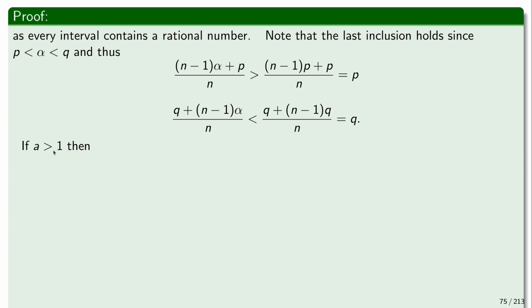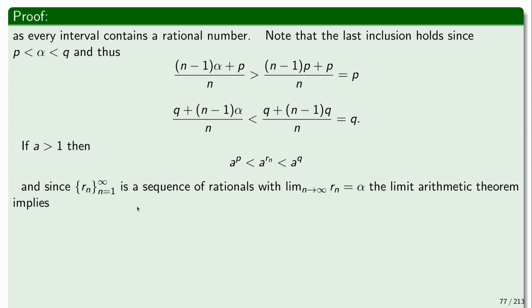So now if a is greater than 1, then for every rational number, that's the property of rationals, which we know and already established, we have that, right? And since the sequence of rationals we picked converges to the limit alpha, then we can now use the limit arithmetic theorem.